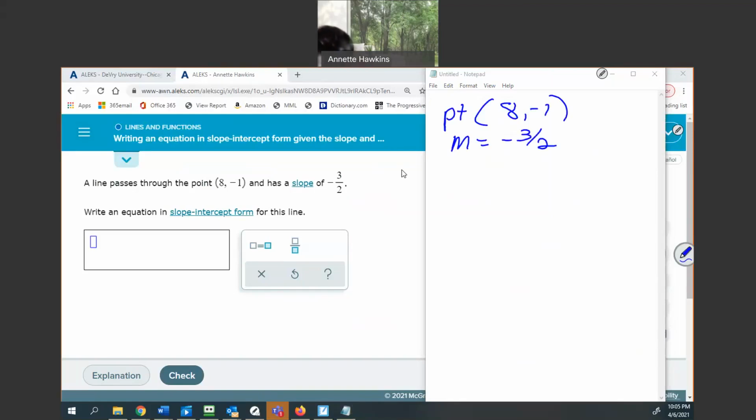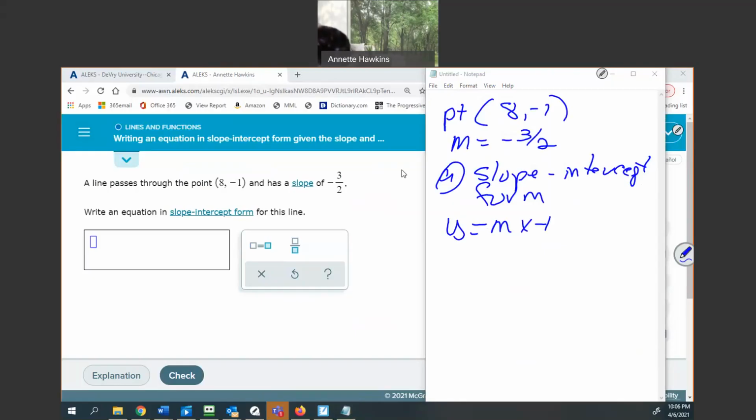Now, let's use the slope-intercept form, y equals mx plus b. B stands for the y-intercept. This point is not the y-intercept. So what do we do? Well, this is x and this is y.